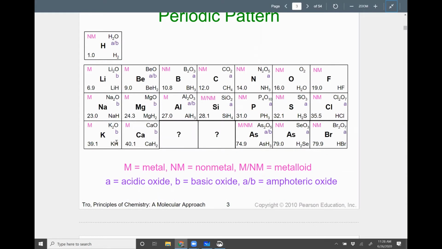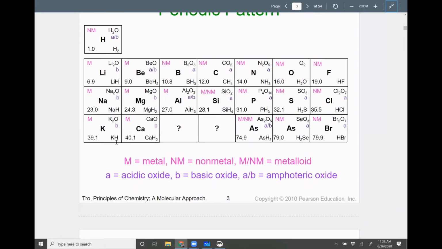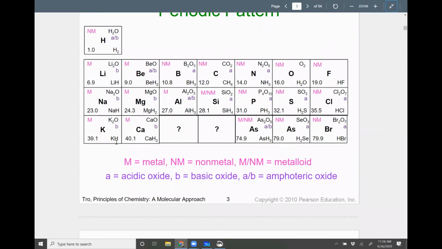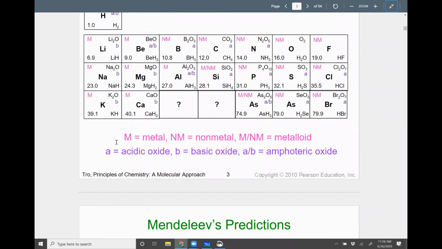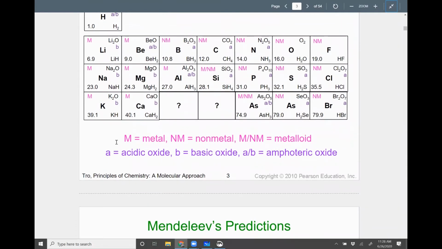So here are some examples of what I'm talking about. You can see that the lithium, the sodium, the potassium were all metals. Same thing with the beryllium, the magnesium, the calcium. They were all metals, and they produced bases when reacting with oxygen.